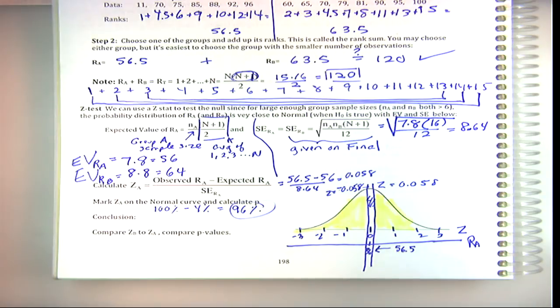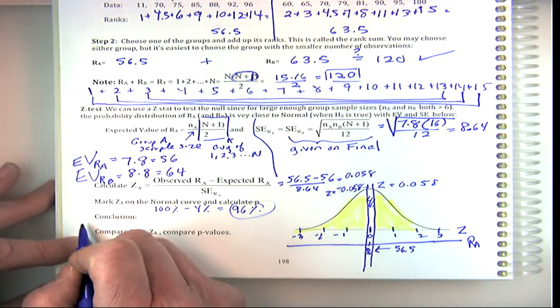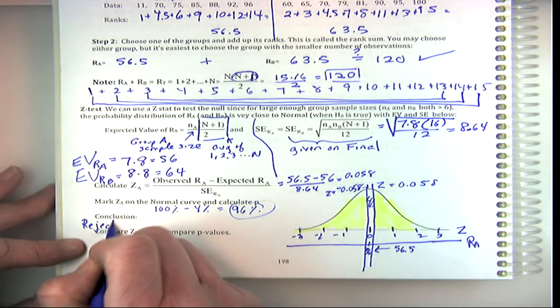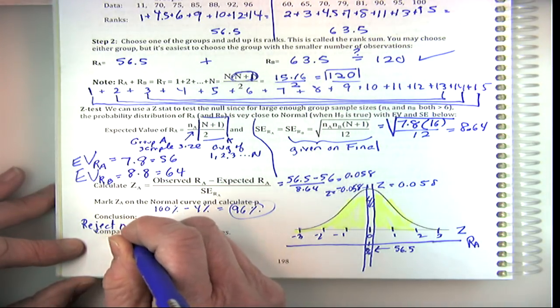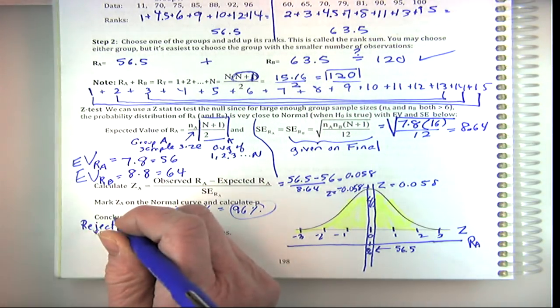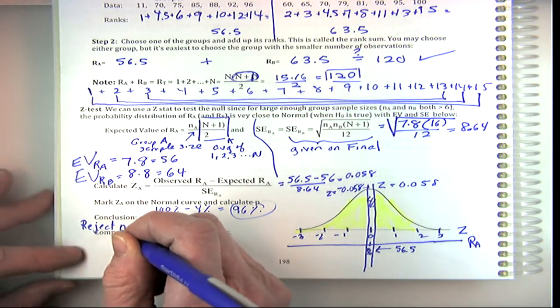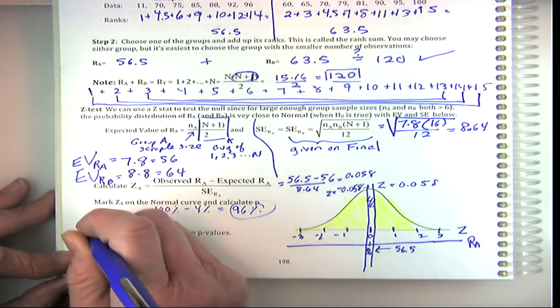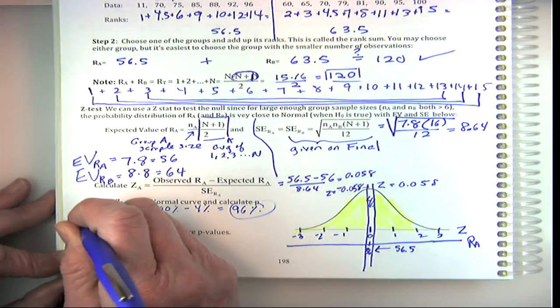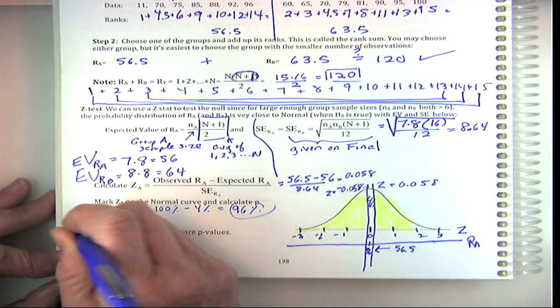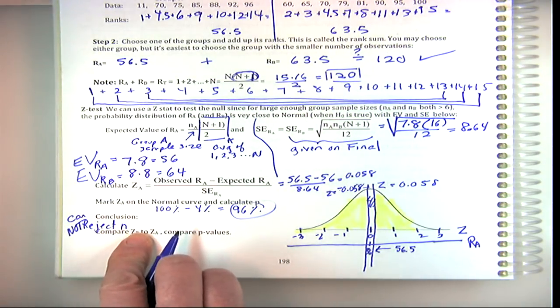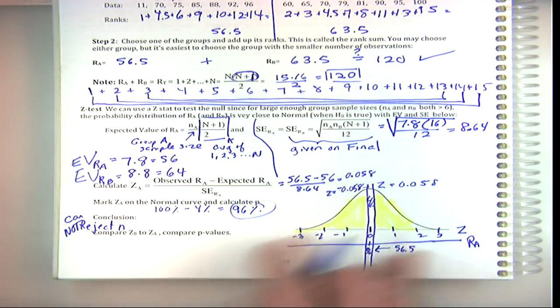Now let's see, what do we do? We cannot reject the null. The null was that the two exams are the same.